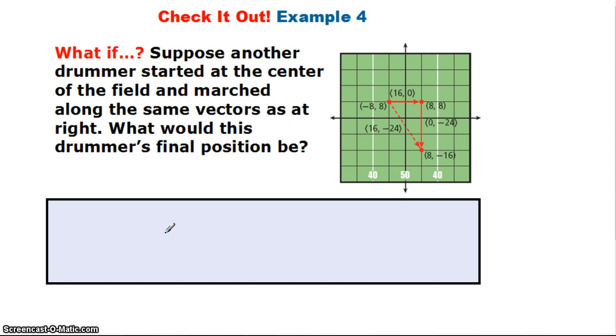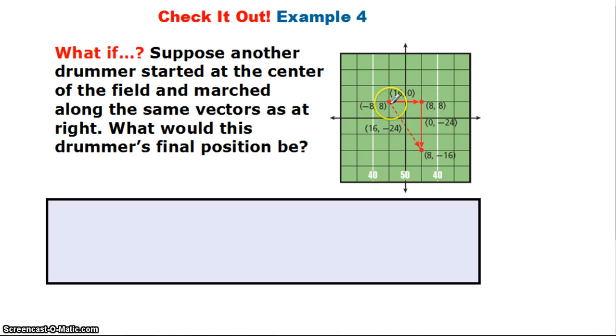In this last example, suppose a drummer starts at the center of a field and marches along the vectors that you see here. What would the drummer's final position be? Well, if the drummer's starting at the center of the field, we would consider the starting point to be 0, 0. So we could lay a coordinate plane right there, okay? And then the drummer is moving this far in the horizontal direction, and it looks like moving from -8 to +8.